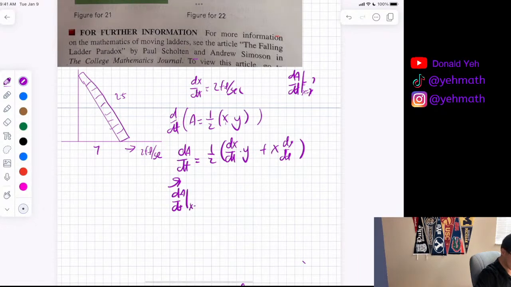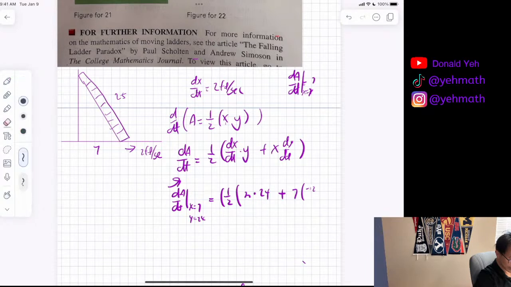You can write it like this: 1/2 times dx dt, which is 2, times y, which is 24, plus x, which is 7, times dy dt, which is -7 over 12, according to the previous question. Then all you have to do is evaluate this, and whatever that combined fraction is going to be, that is the key.